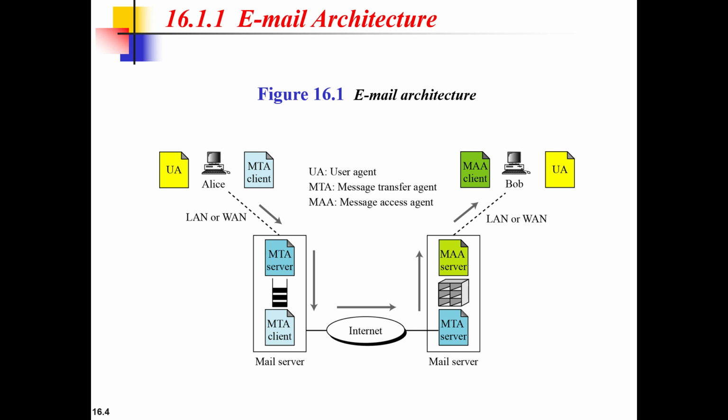So when Alice needs to send a message to Bob, she will invoke a user agent, called the UA program, to prepare the message. She then uses another program called the MTA, or message transfer agent, to send the message to the mail server at her site. The MTA is a client-server program with the client installed at Alice's own computer, and the server installed at the mail server.